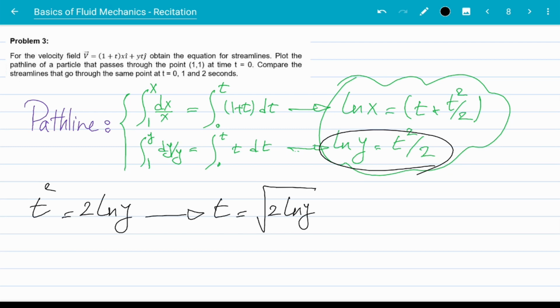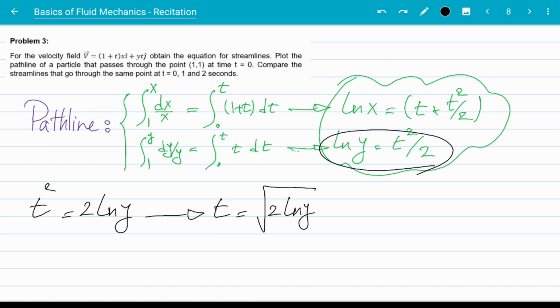Now, I know that when taking a square root, you end up with two roots, the positive square root of 2 ln y and the negative square root of 2 ln y. However, we don't have a negative time, right? So we are not dealing with the negative root and just focus on the positive one here.